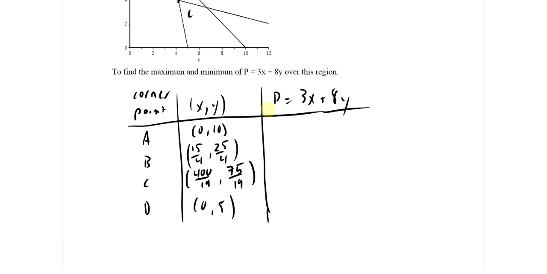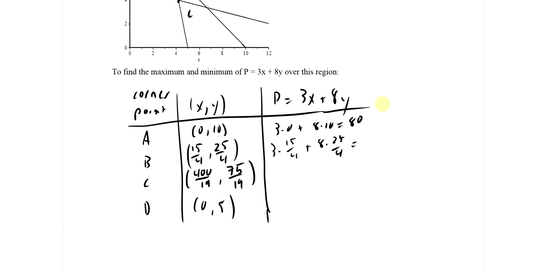So at this point, what's P? 3 times 0 plus 8 times 10 equals 80. So that's what you get there. If you multiply this out, you get 3 times 15 over 4 plus 8 times 25 over 4.